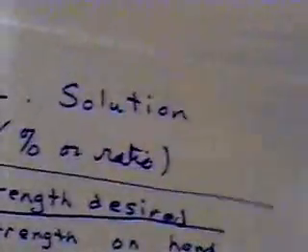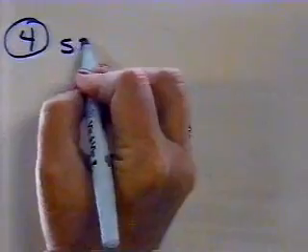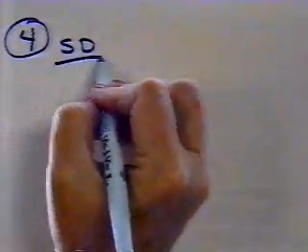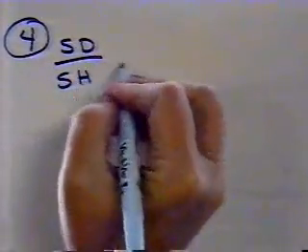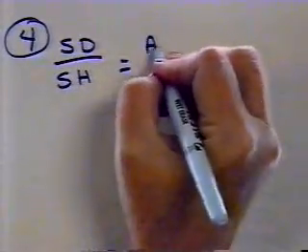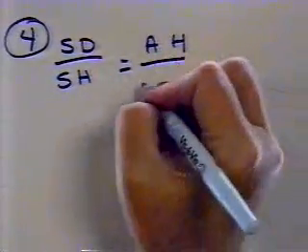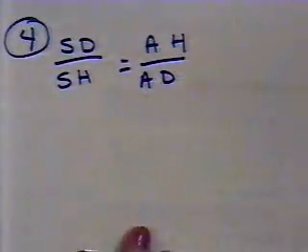Okay, I'm going to try number 4. Four says 2 milliliters of a 20%. How much 5% can I make? So I always stop and think, strength desired, strength on hand. Amount on hand, amount desired.